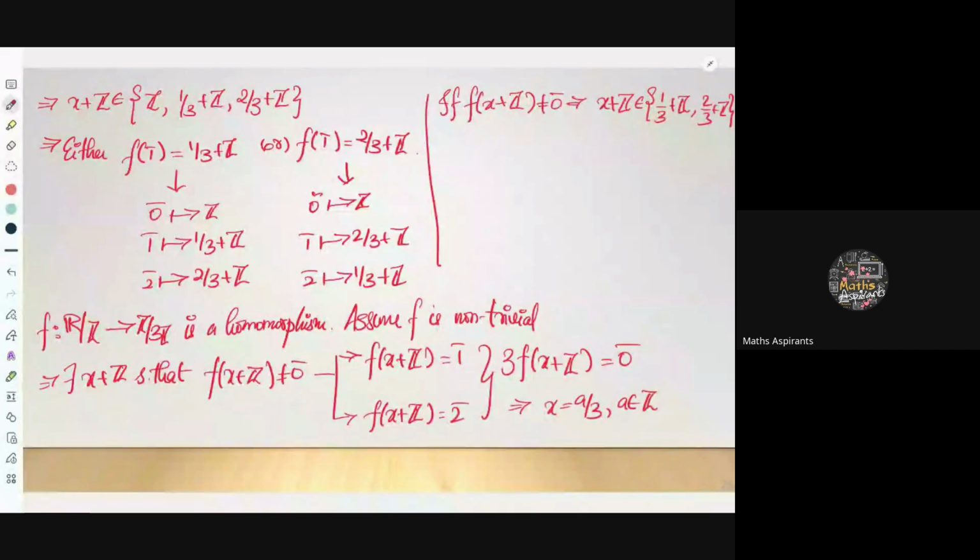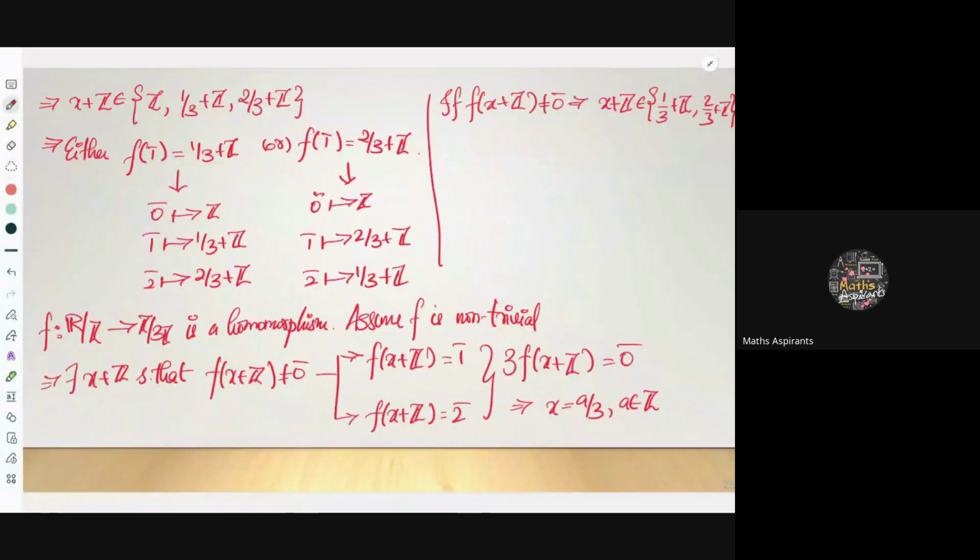How do we proceed now? So suppose there exists an x such that, if f of x plus Z is non-zero, then x plus Z has only two forms.